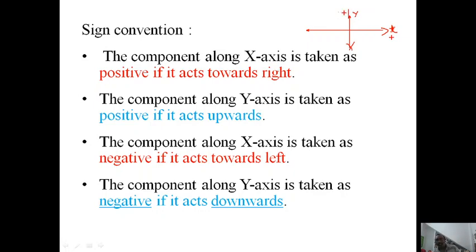These are the positive y-axis and positive x-axis. So the remaining ones are the negative x-axis and negative y-axis.